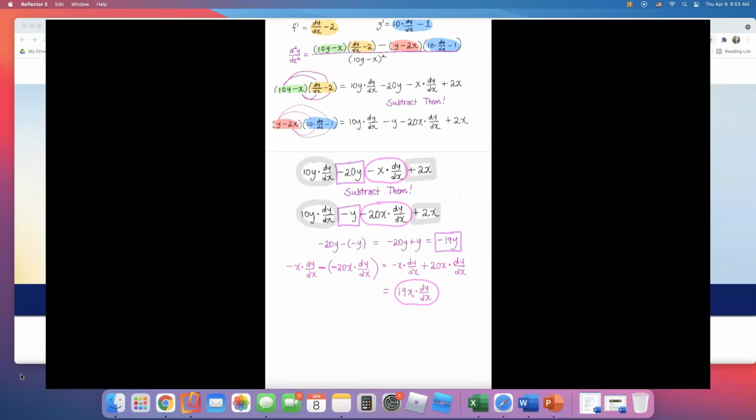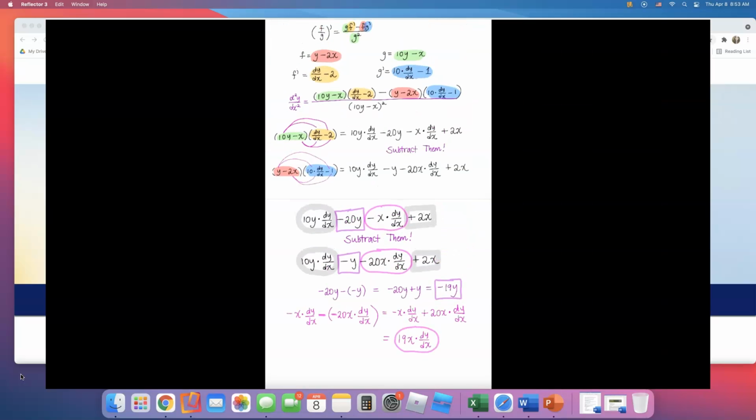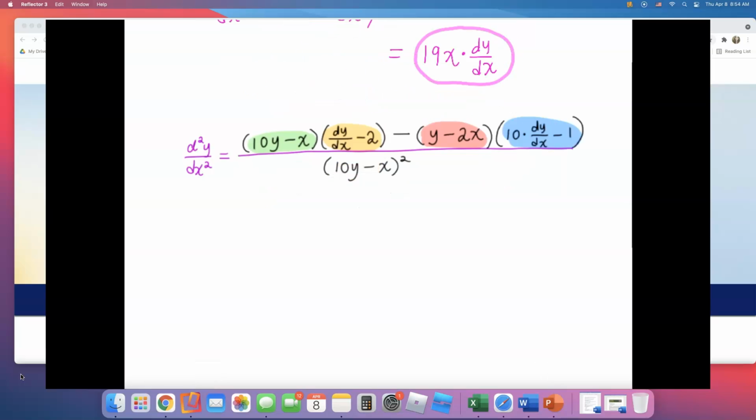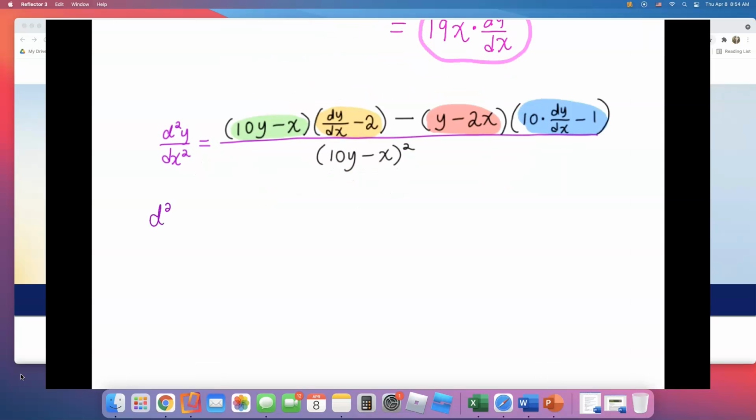Okay, so let's see. What were we doing all this work for? We were doing all this work to simplify that second derivative. Let me copy this over here. So what used to be all this, we took care of all that colorful multiplication on top. So what I now have is the second derivative of y with respect to x is, denominator is 10y minus x squared, right?